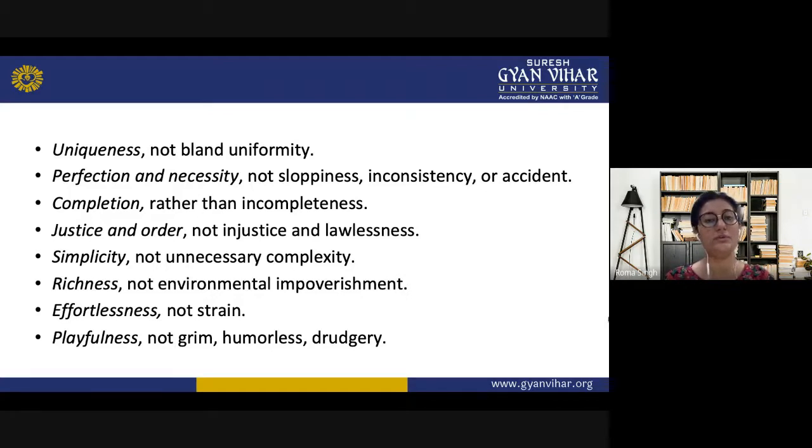They believe in simple living and high thinking, but not unnecessary complexity. They believe in richness, not environmental impoverishment. They do things effortlessly and not based on any tension or strain. They have some playfulness. They are not grim, humorless, or drudgery.